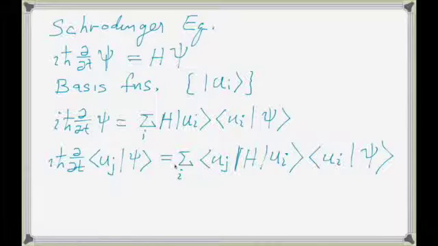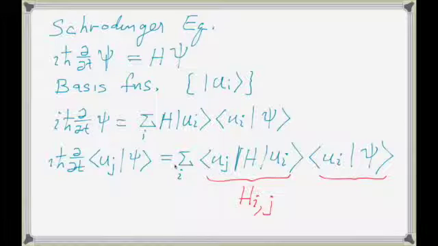And this is exactly what we just called our Hamiltonian matrix element, H_ij.